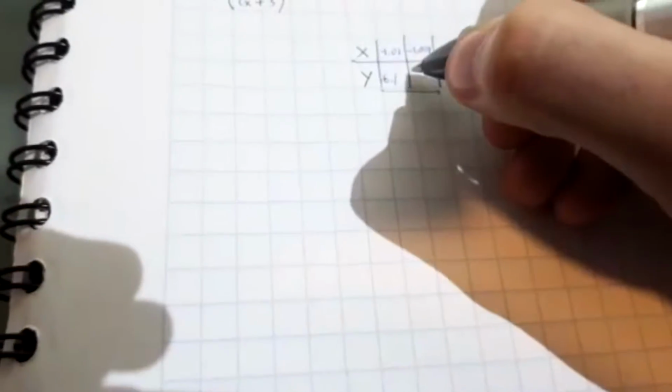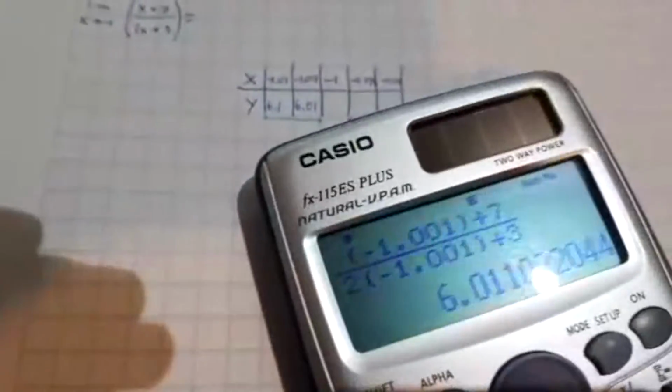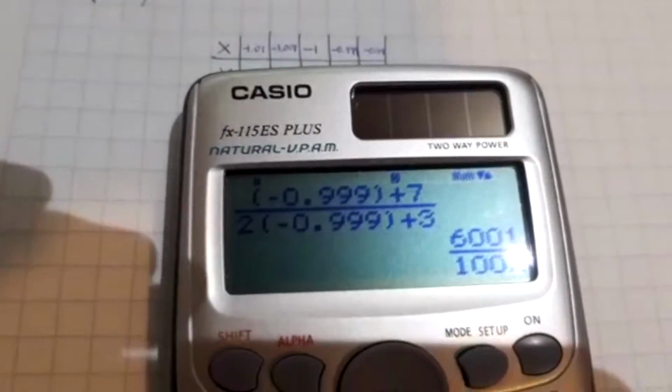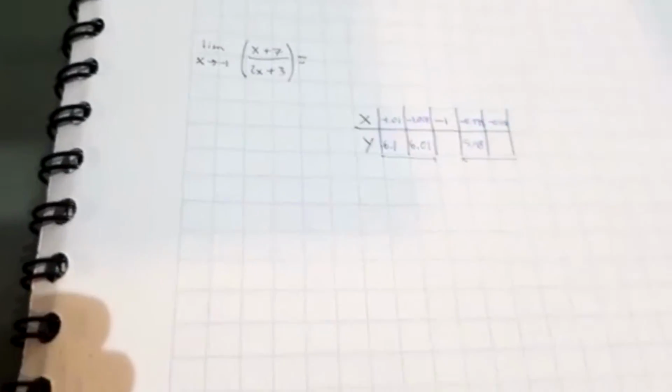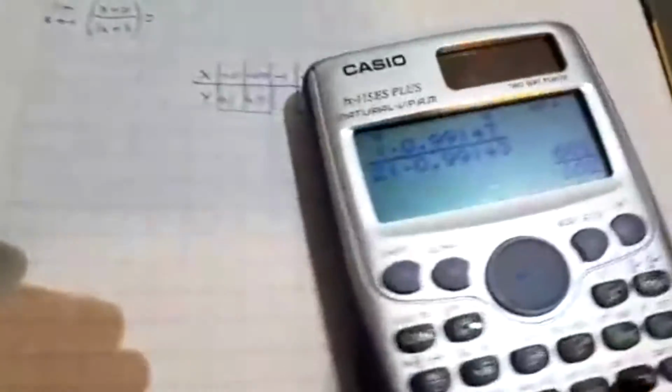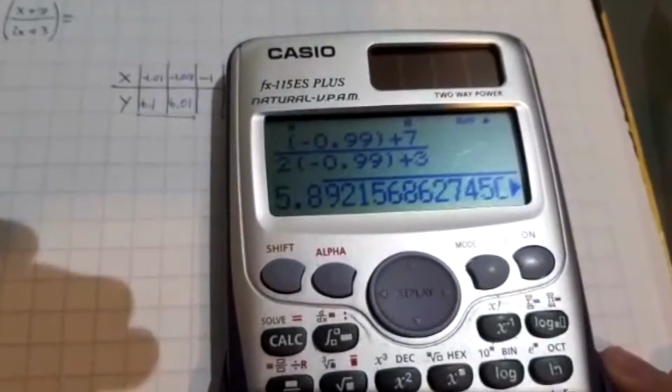We write it down. Then we need to plug the 0.999, which gives us 5.98. And the last number 5.8.